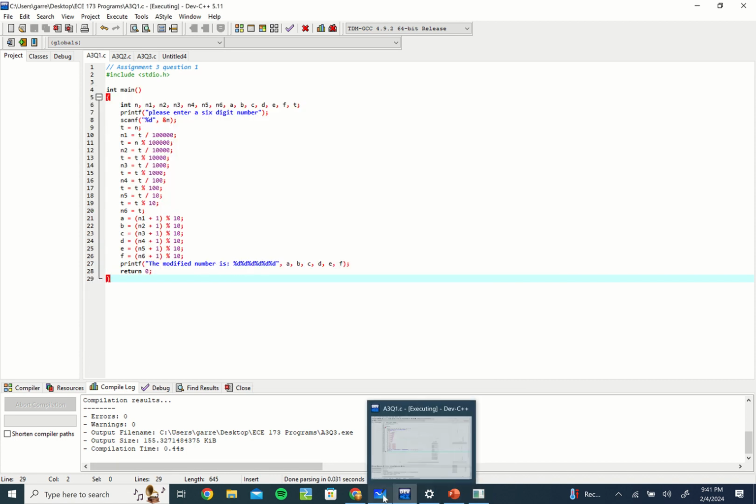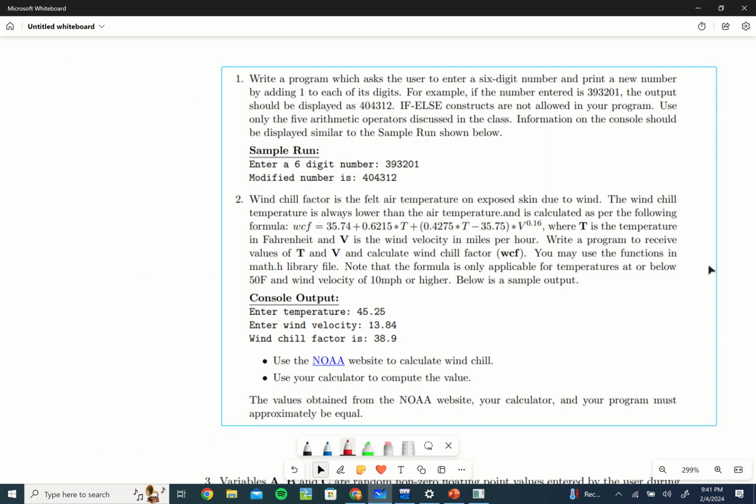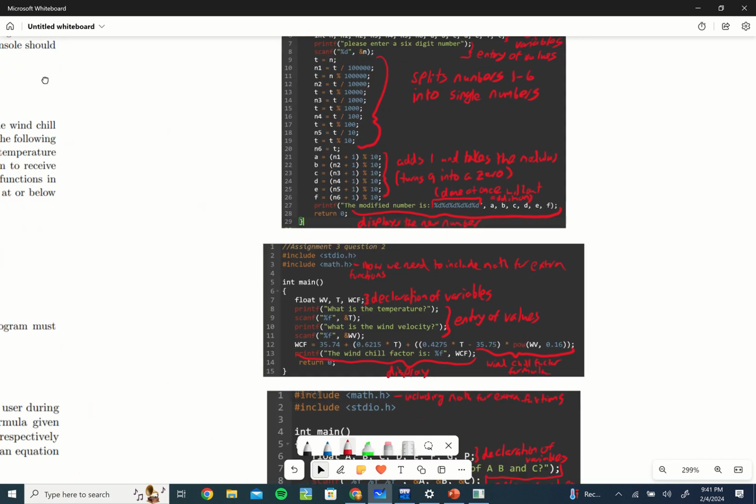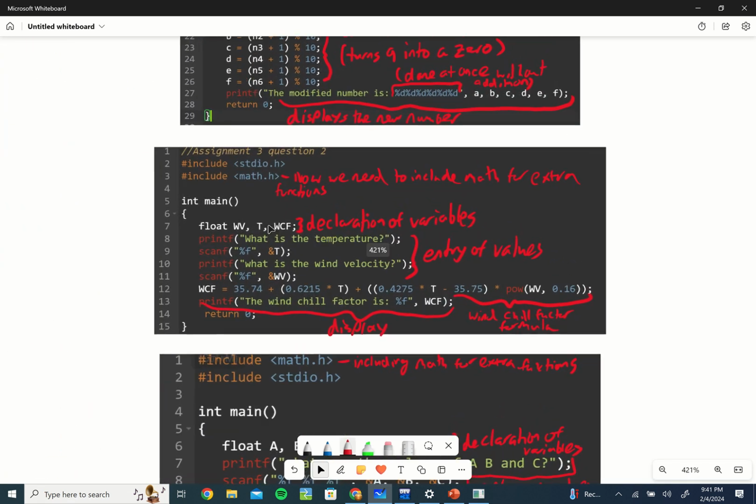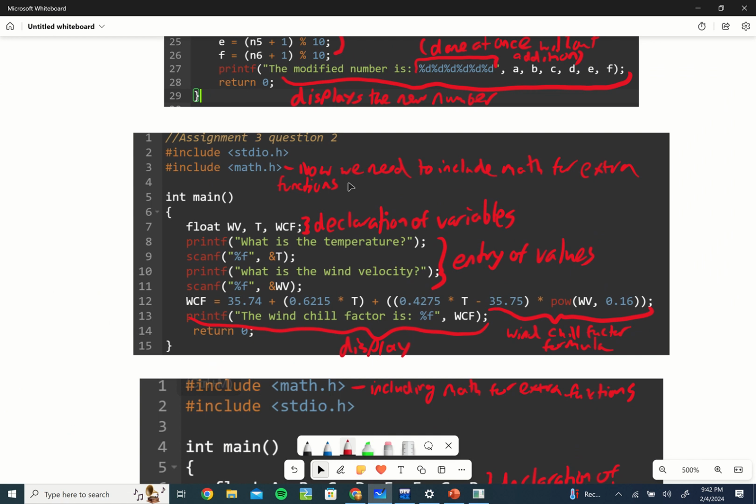So the second program deals with the wind chill factor. So now we need to include the math.h for the extra math functions, like exponents.